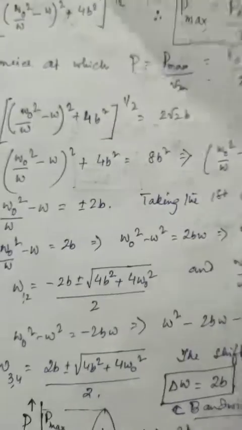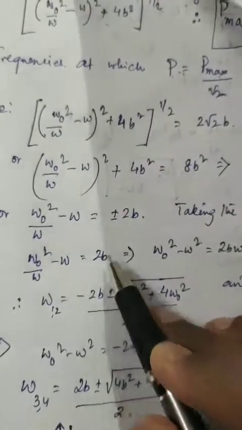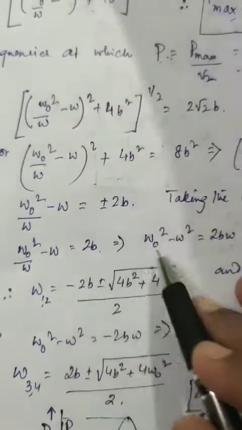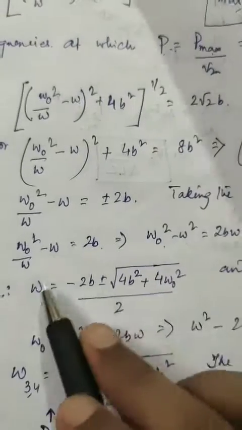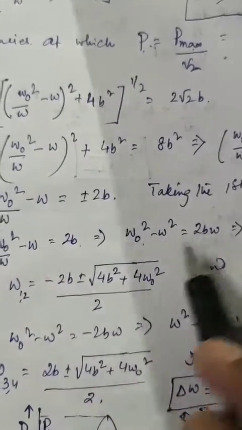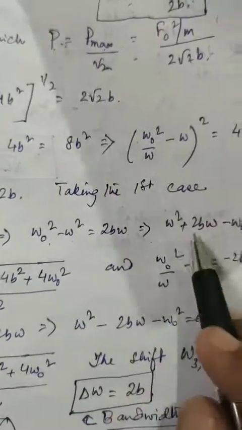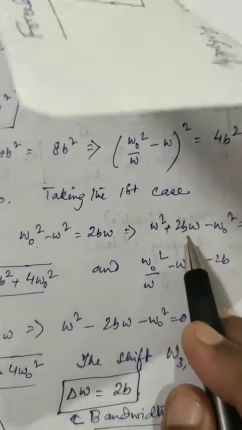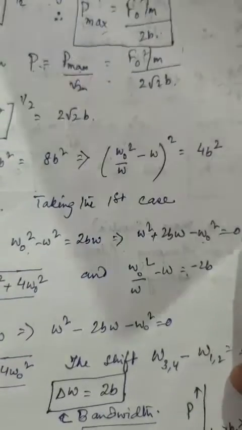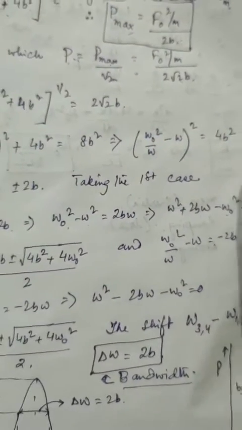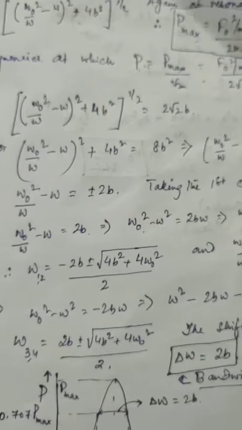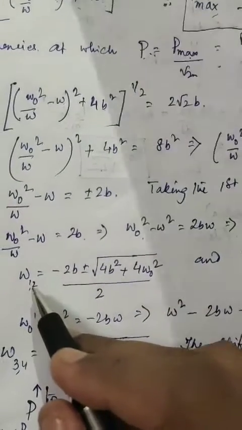So taking the first case, that is if it is plus 2b, then this is equal to 2b. Rearranging the terms, you have omega naught square minus omega square is equal to 2b omega. Taking everything to the right hand side, you have omega square plus 2b omega minus omega naught square equal to 0. This is a quadratic equation, and let's solve for the two values of omega. I'll name the two values as 1 and 2.